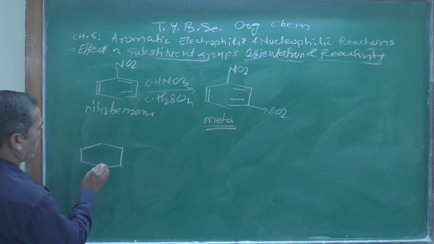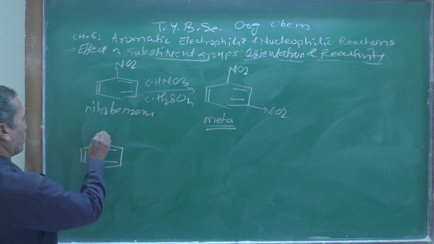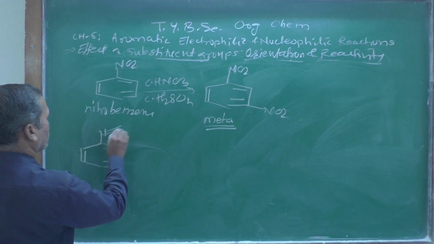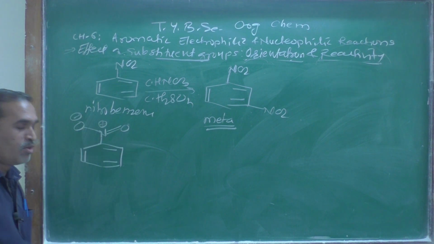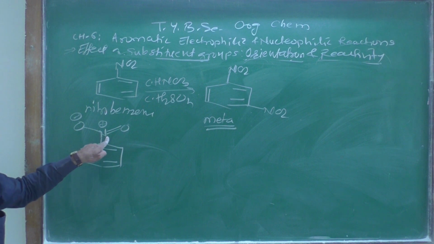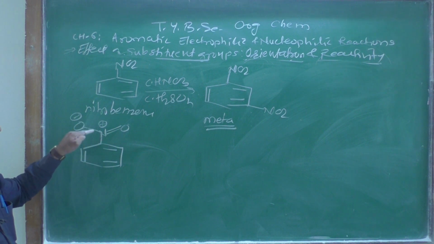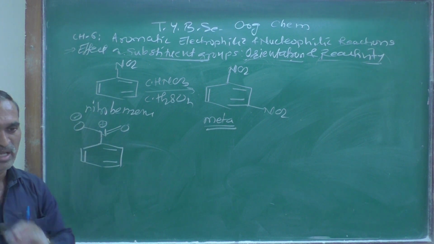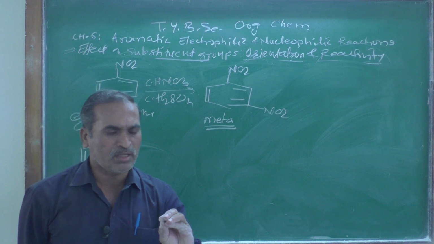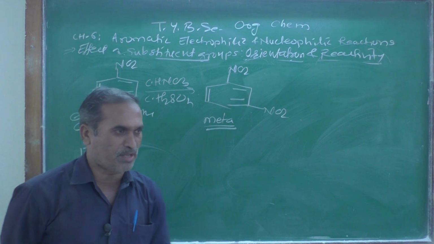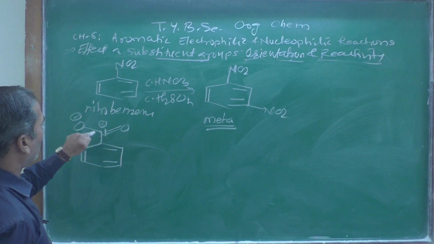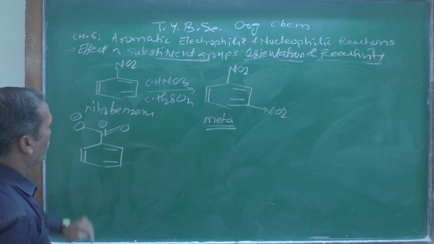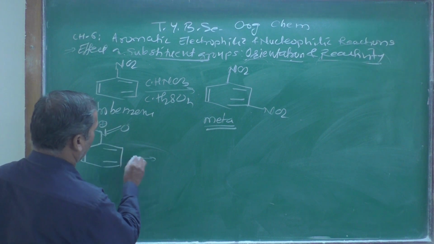Again draw the resonating structure: N double bond O, here is a minus charge, and a positive charge on the nitrogen atom. Why am I putting a positive charge on the nitrogen atom? As usual, nitrogen carries 3 bonds, but here there are 4 bonds: 1, 2, 3 and 4, therefore a positive charge on it.